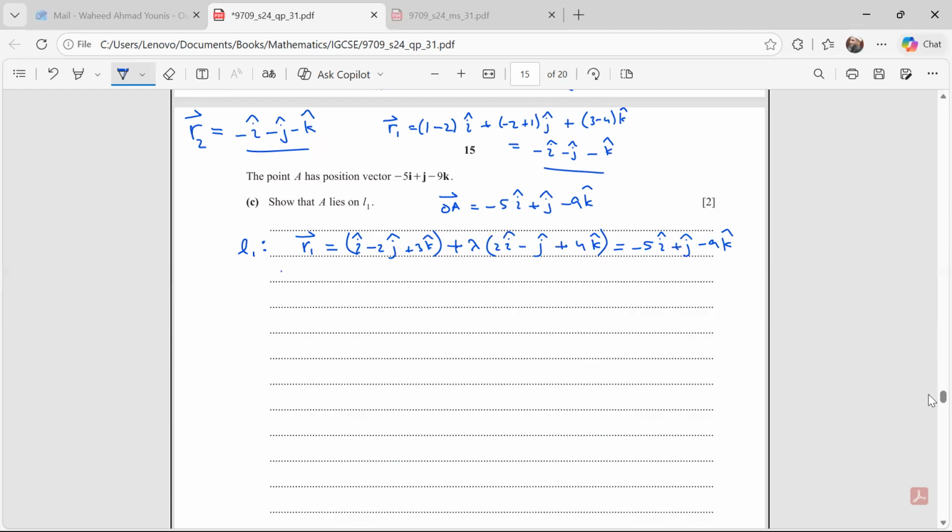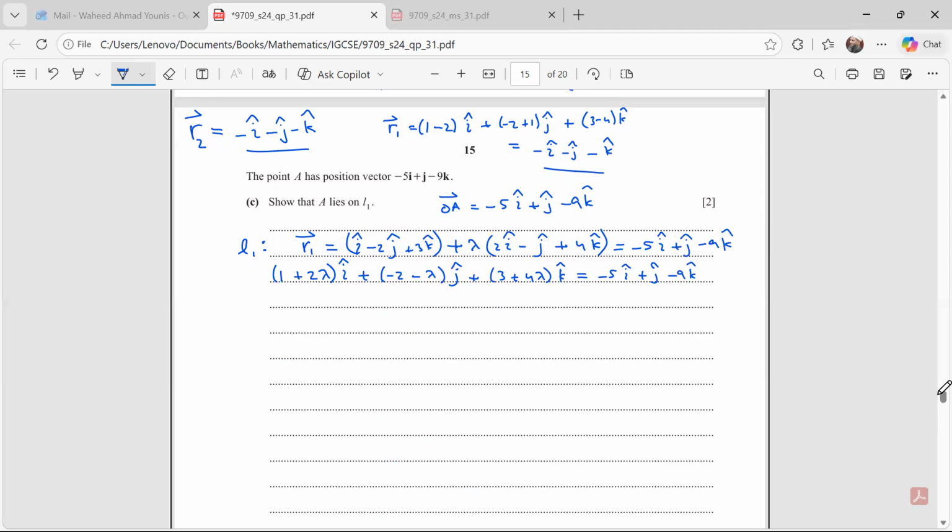So it is 1 plus 2 lambda times i, similarly, plus minus 2 minus lambda times j, plus 3 plus 4 lambda times k equals minus 5i plus j minus 9k, right?